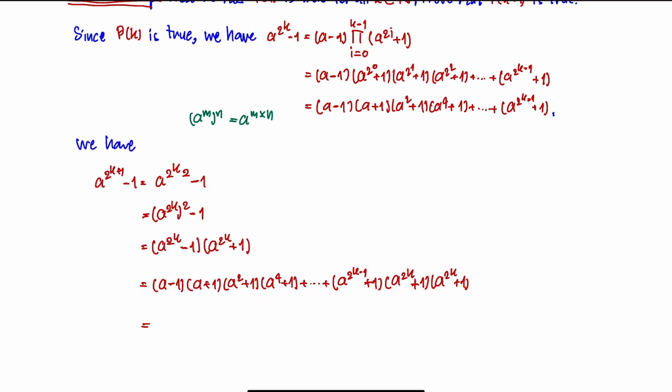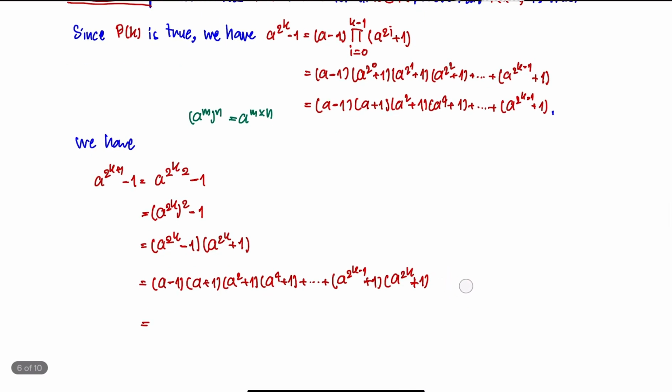Oh, I just wrote this term twice. Sorry. So we've got just this. Okay, because this term right here is just a. You've got a raised to the 2 to the k minus 1, which is the last term right here. So we've got this big bracket right here.